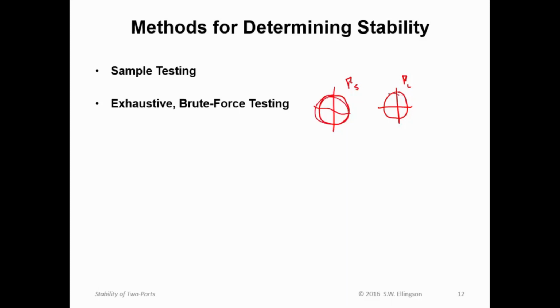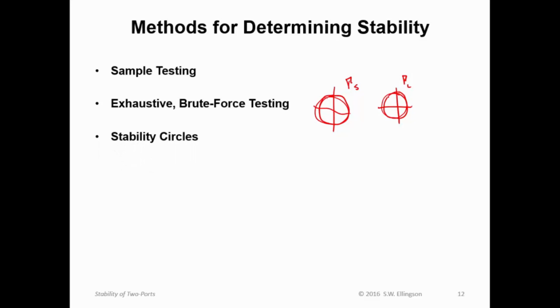So there's a bounded range of values that we need to check. Four-dimensional search, real and imaginary for gamma sub S, real and imaginary for gamma sub L. We can check every one of those four parameters for all possible values that have magnitudes less than 1, and we can completely characterize the stability for all possible values of source and load impedance. And that's what I'm calling brute force testing.